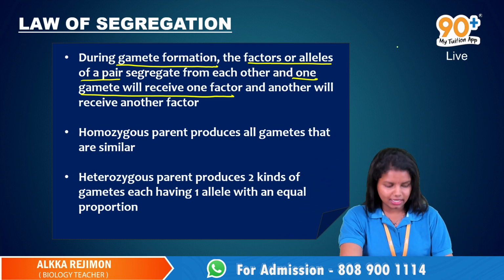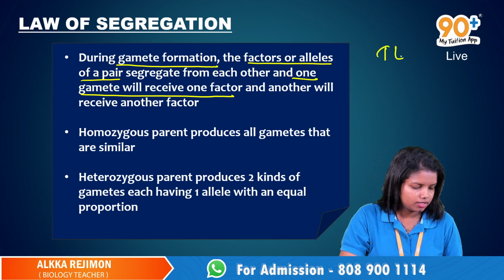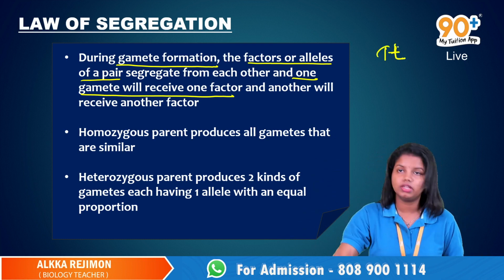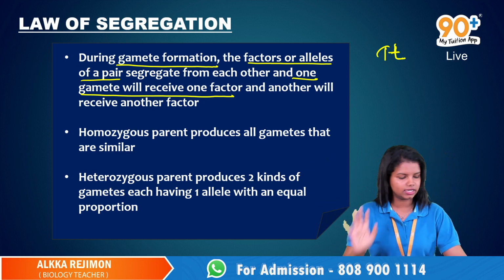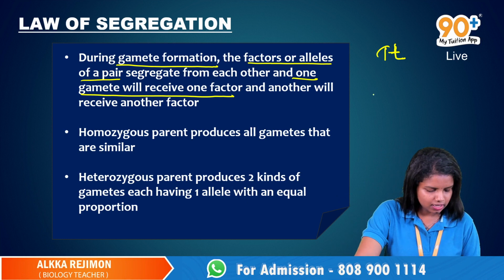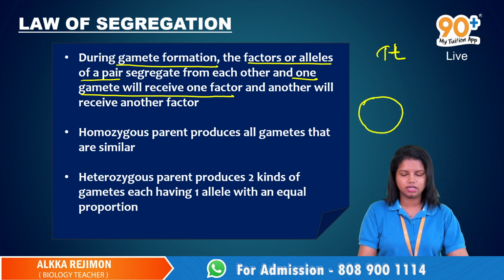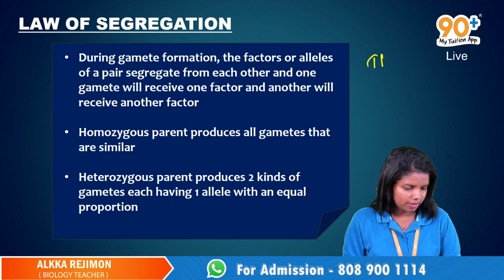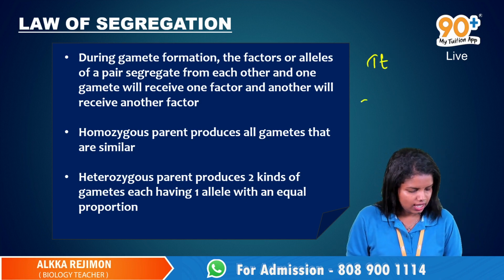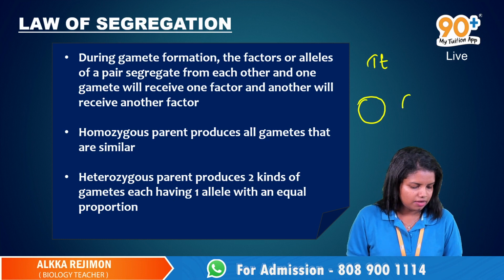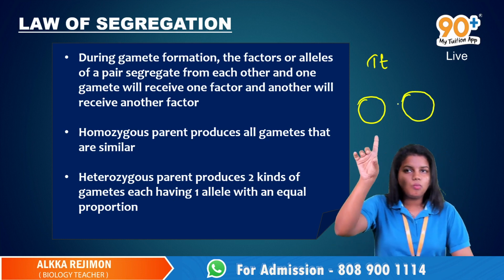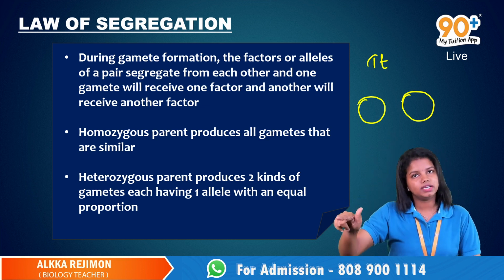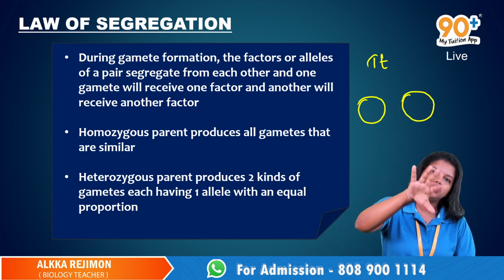Here it is. Say the parent has a character, capital T, small t. During gamete formation, and we use a circle to show that it is a gamete, say the parent has capital T, small t, and there is gamete formation. When the gamete is being formed, you can see that one allele will get into one gamete and the other allele will get into another gamete.